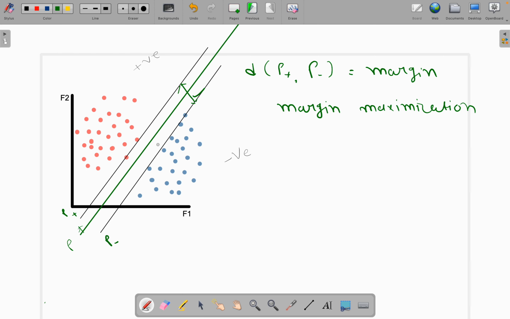So let's see what would be the distance between these two planes. In logistic regression, we understood that a plane, let's say P1, could be at a distance of one, just assuming that. So let me write it again.